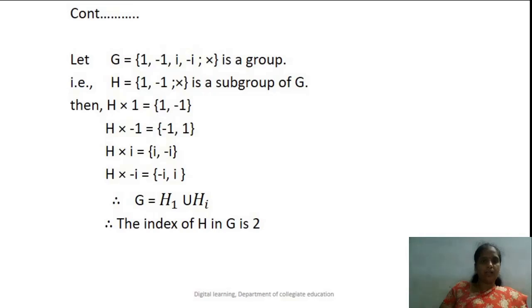What we needed are {1, minus 1} and {i, minus i}. If we unite these two, H1 and Hi, we get G here. Therefore the index of H in G is 2.